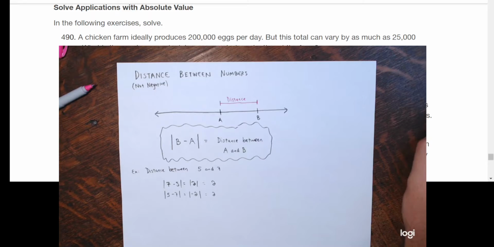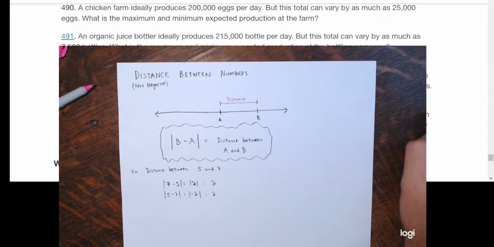So example 1 is going to be number 490. And it says here, a chicken farm ideally produces 200,000 eggs per day. But this total can vary by as much as 25,000 eggs. The question is, what is the maximum and minimum expected production at the farm?